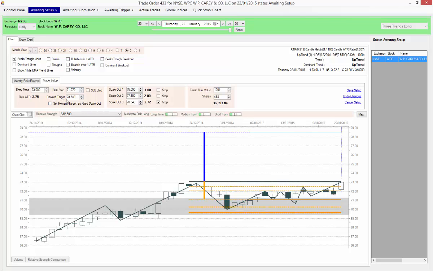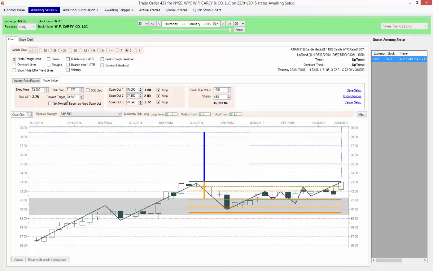If we go back to the reward target, which is the place at which this reward has been drawn to, I have an option here to set that reward target as a fixed scale out. Now, the other ones that were shown to you, the 1 to 1 and the 2 to 1, they're artificial reward targets that just are related to exactly the distance of this risk and marrying the 1 to 1 relationship, the 2 to 1 relationship of those.